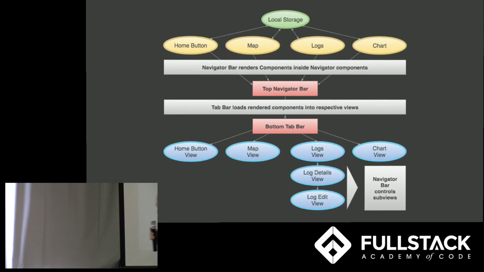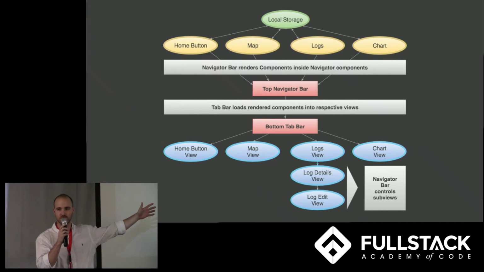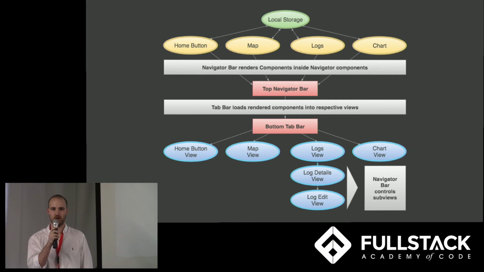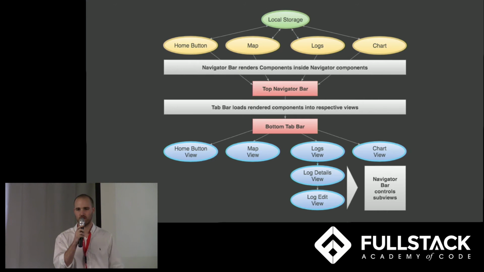Thanks, John. So every view in our app needs location data to function correctly. This diagram shows the architecture of our app. As you can see, all our location data persists in storage and is used by every component. Each component uses the data differently, but they all need it to be readily available and quickly able to be manipulated.